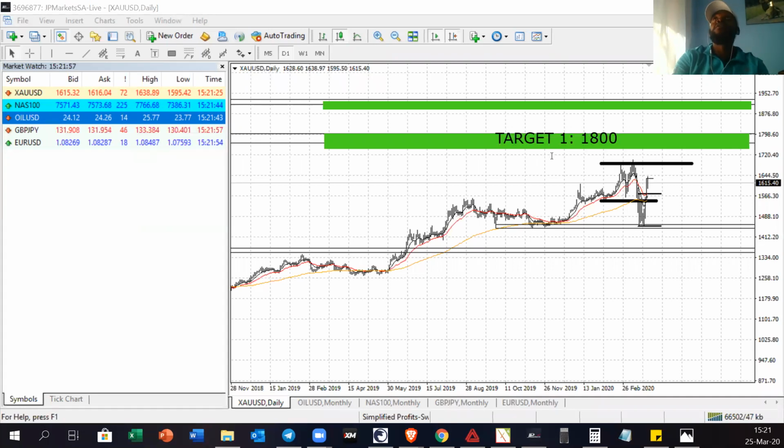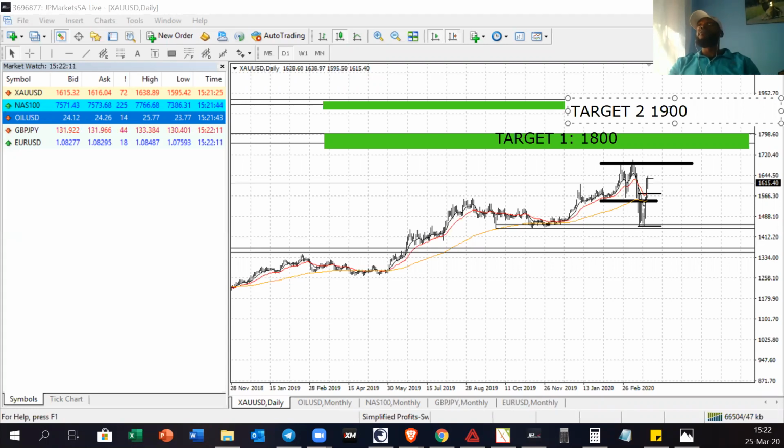Target two, $1,900 for an ounce of gold. So yeah, that's my analysis on the gold market long term, keeping it short and simple.